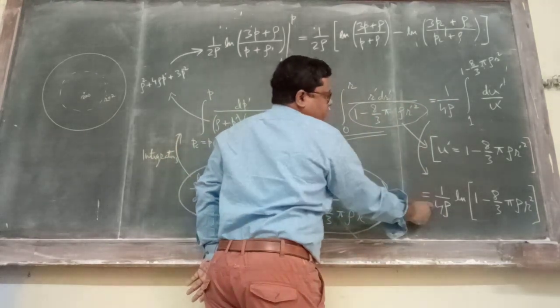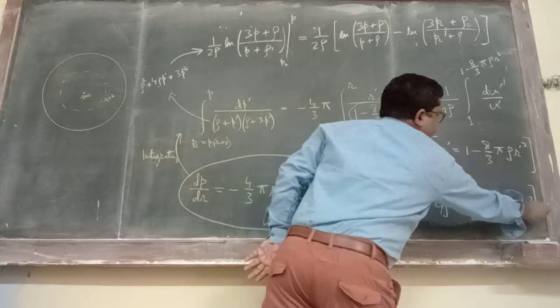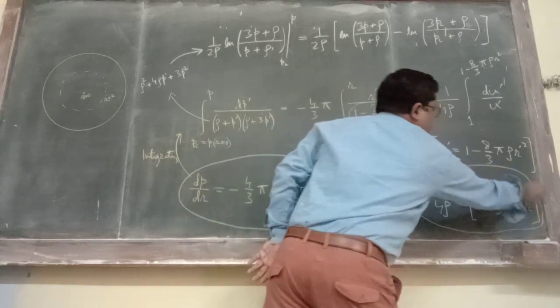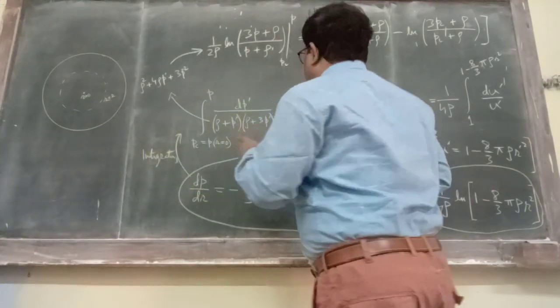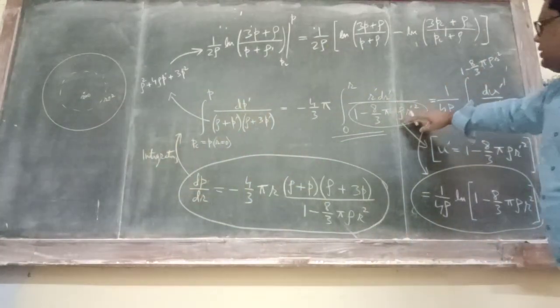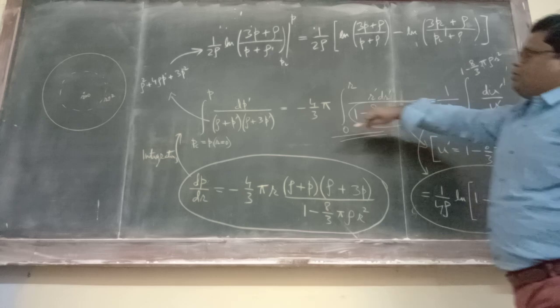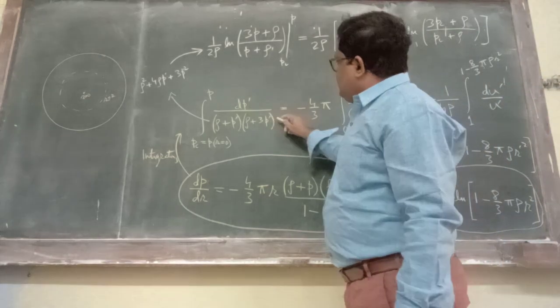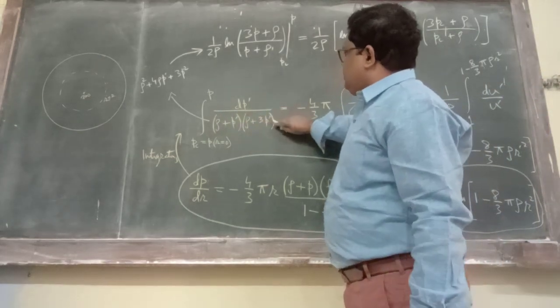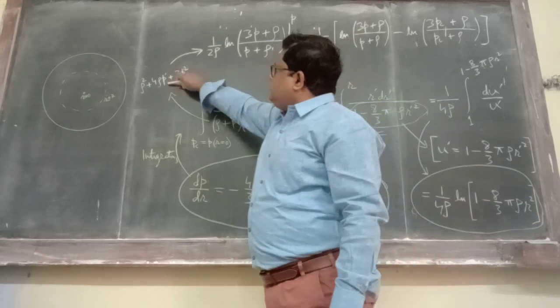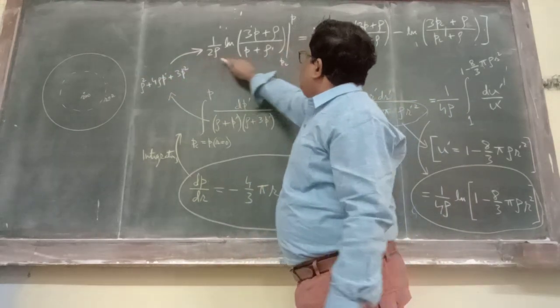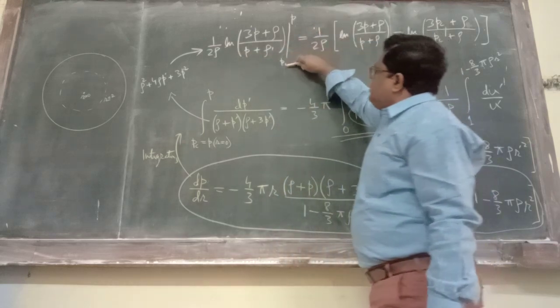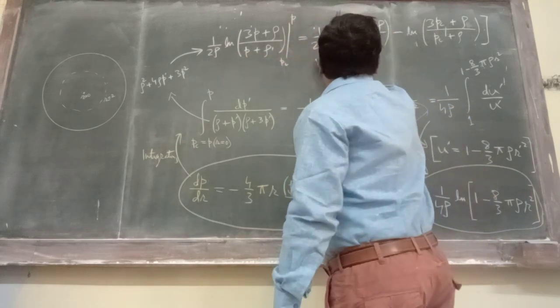So this is the RHS result. And what about the left hand side part? Here, let me write the denominator term as this, and then I can get this result, again Pc to P, and this is the final result.